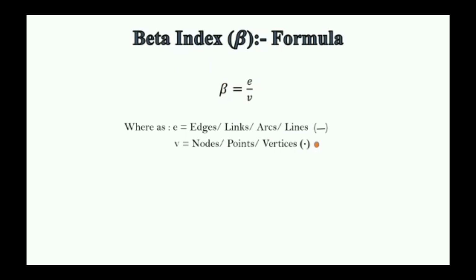This is the formula of beta index: beta index is equal to E divided by V. E indicates edges or links or arcs and V shows nodes or points or vertices.